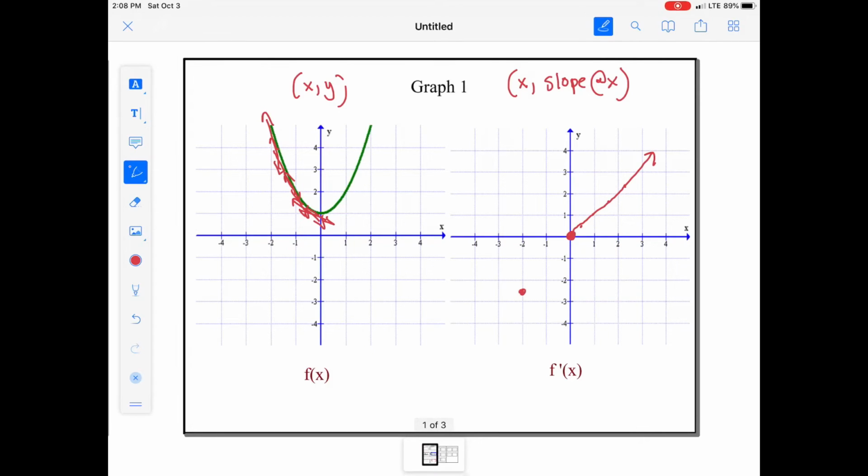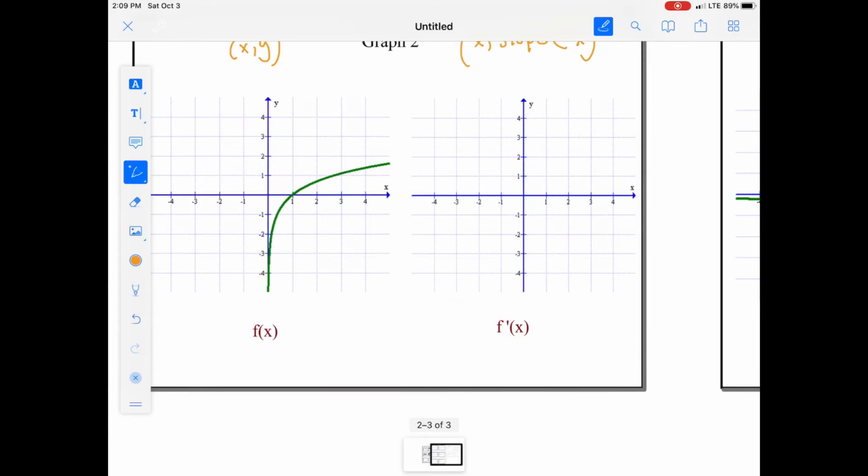Are they becoming more negative or less negative? They're becoming less negative. I've gone from a super steep negative slope to a gradual slope of 0. So I know that as I'm getting closer to my x equals 0, my slopes are becoming less negative. And so my derivative graph for 1 would look like this.